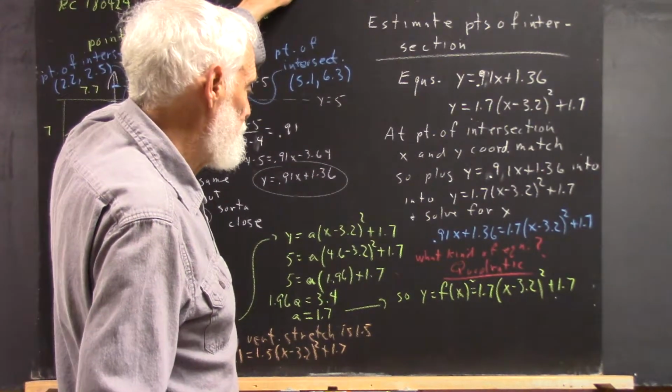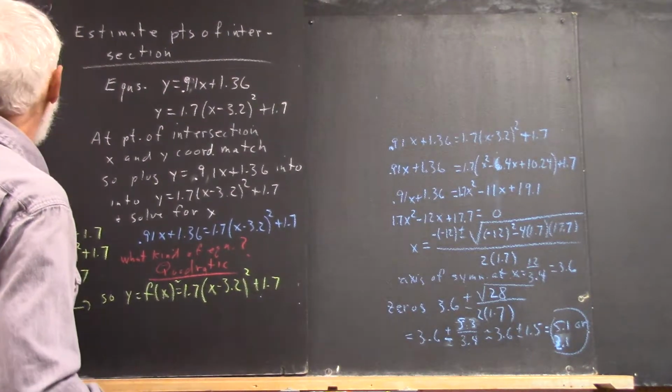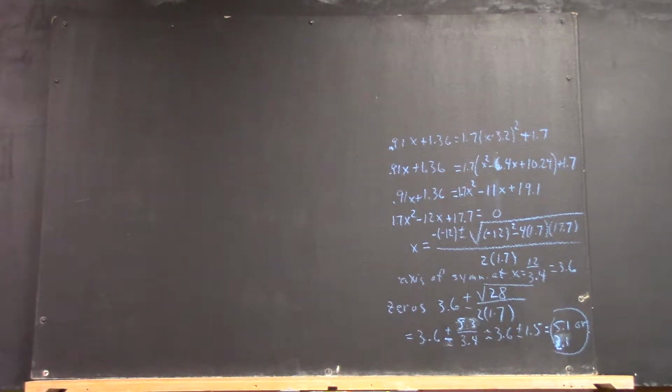Okay, so let's see what we get for the y-coordinates. This book's going to fall over if I take it over any further. We'll bring it back if we need it. Okay, so what's our status?